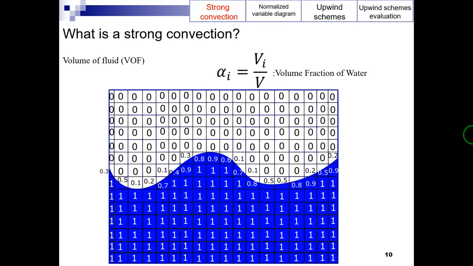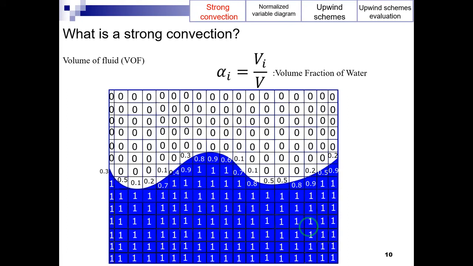here shows the water free surface together with the values of alpha representing the volume fraction of water in each cell. In this regard, the value of alpha equal to 1 indicates the cells filled with water, as can be seen here.